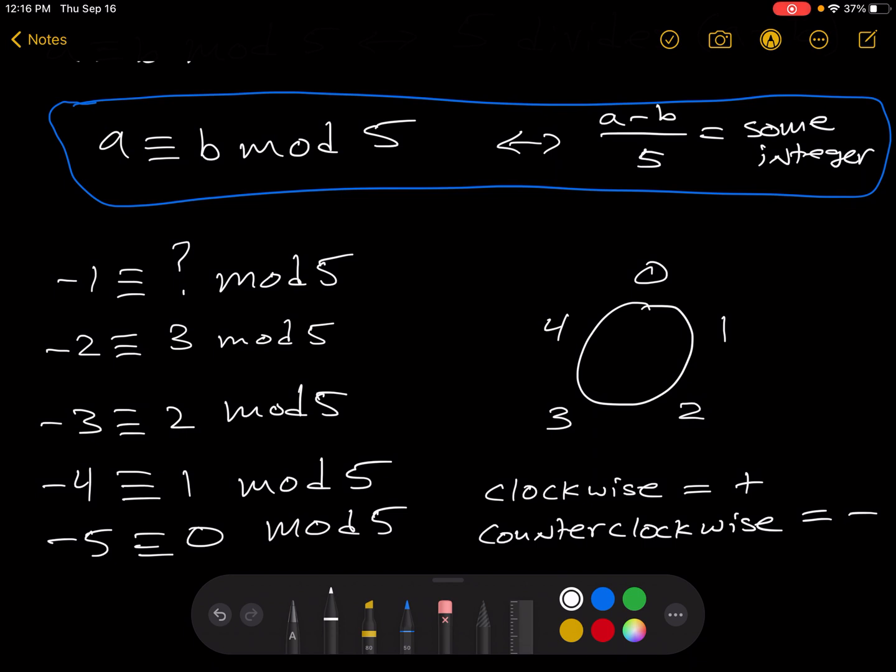Negative 1 is congruent to what mod 5? A way that we could figure this out is starting at 0 and going backwards. This is negative 1. So if you're going counterclockwise, you see that 4 is negative 1. So that tells us that we have 4 here.